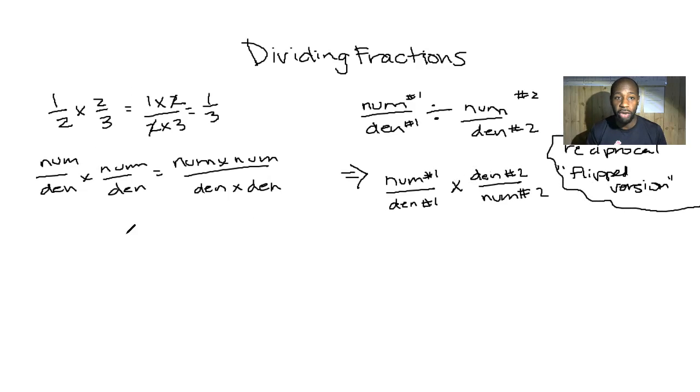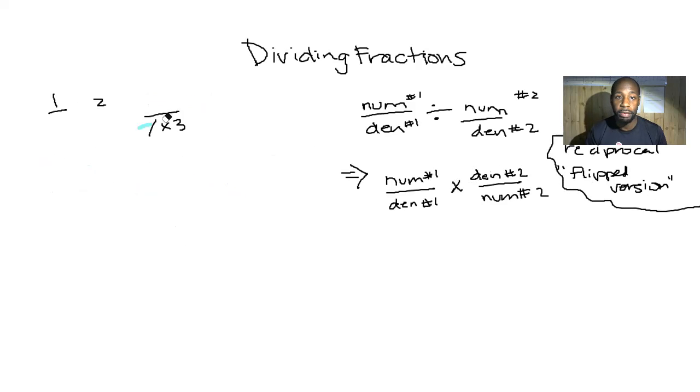All right, let's look at this practically. Let's use those same fractions that we had there. Let me erase all this stuff over here just so it's not confusing. So say you had 1/2 divided by 2/3. What you want to do is change it to a multiplication problem. So it becomes 1/2 times the reciprocal of the second fraction, which is 3 over 2.